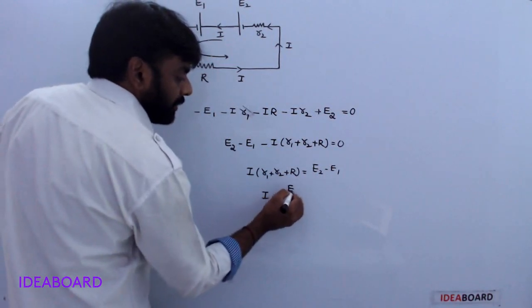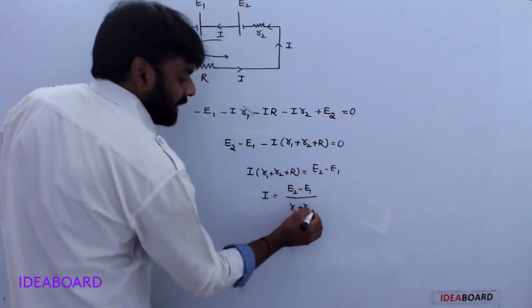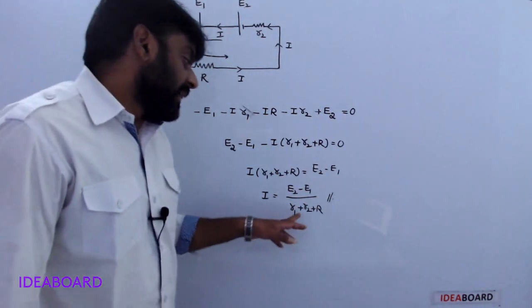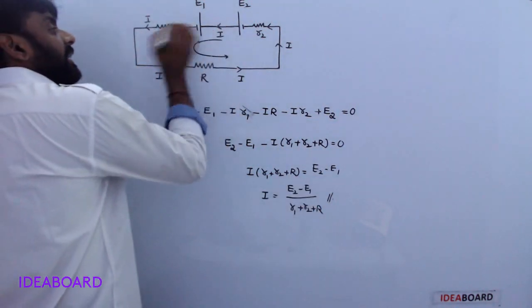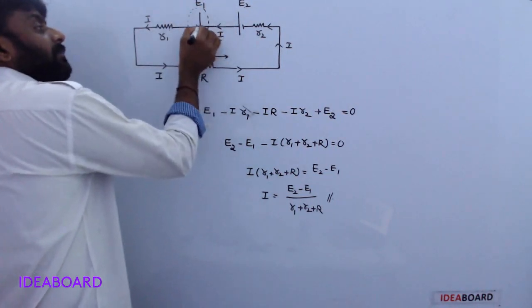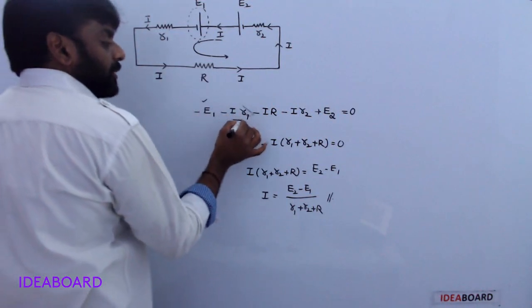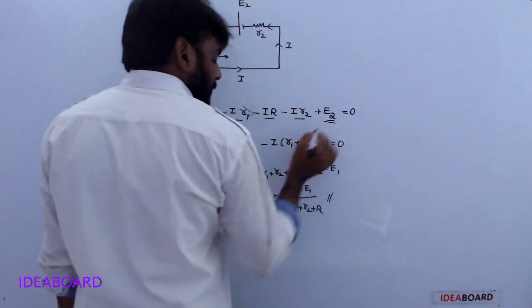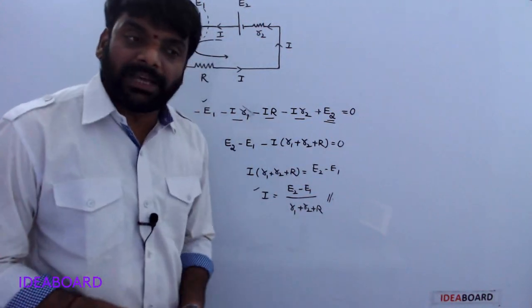So I is equal to E2 minus E1 by R1 plus R2 plus R. Once again, you are moving along the current direction, but the EMF is independent of current direction. Here EMF from positive to negative means you are taking minus E1. Along the current direction, the potential drops across the resistors are taken negative. Again, negative to positive, plus E2. So finally the current is E2 minus E1 by R1 plus R2 plus R.